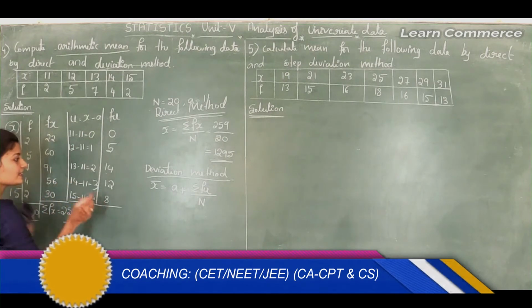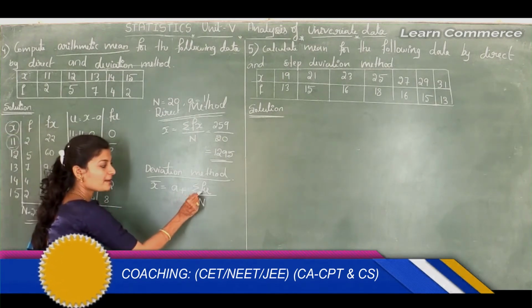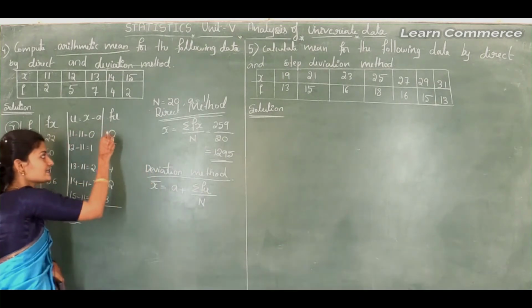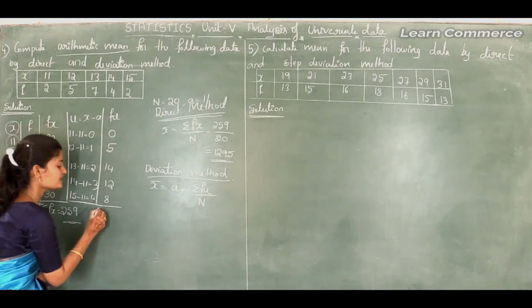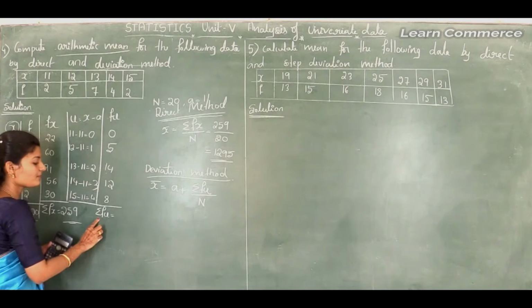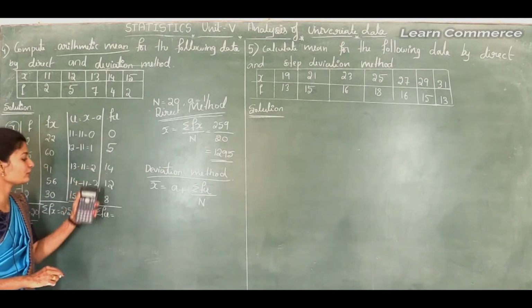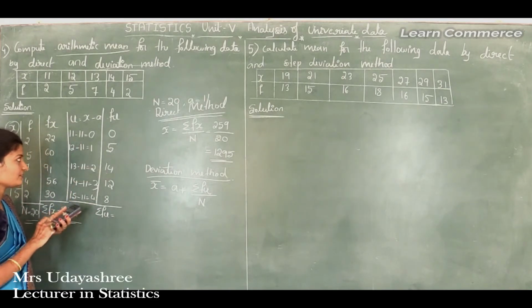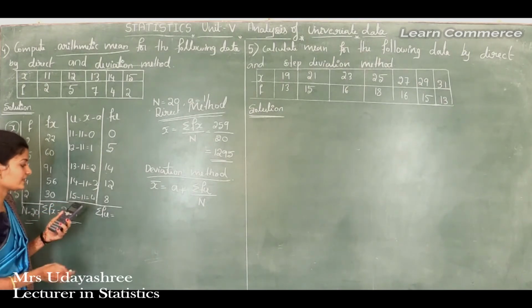Based on the formula we need the sum of f into u, which is the total of these observations: 5 plus 14 plus 12 plus 8, that is 39.